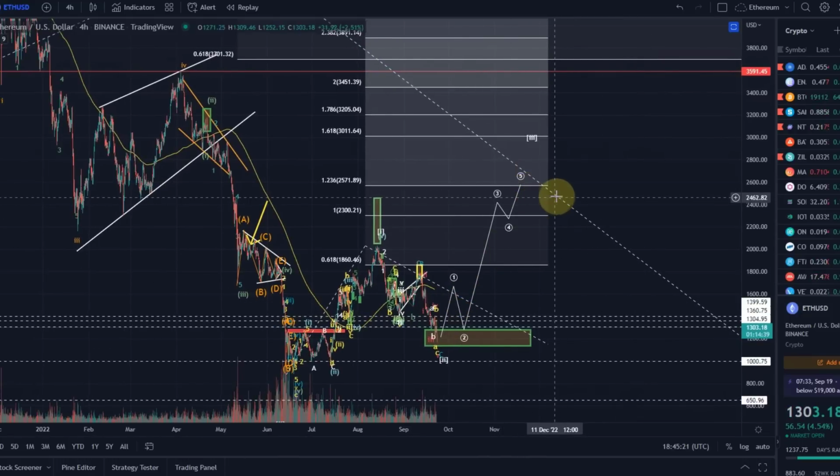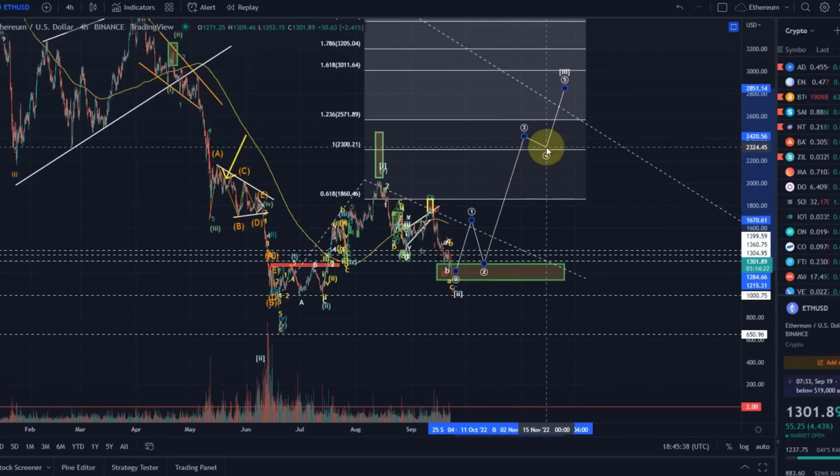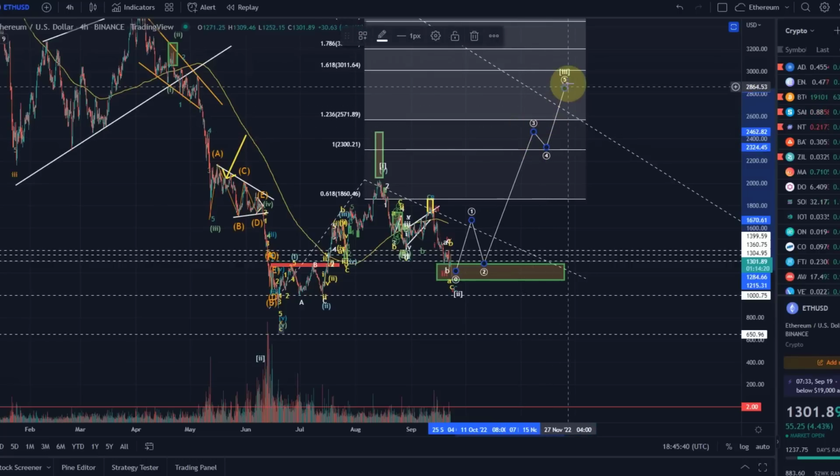No financial advice here, but as I said, the wave 3 could take us to $3,000, the 1.618 extension. I personally will start to take profits towards the end of the wave 3. That purely has to do with risk management.